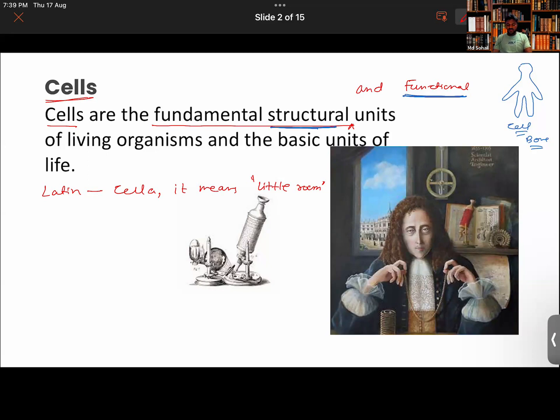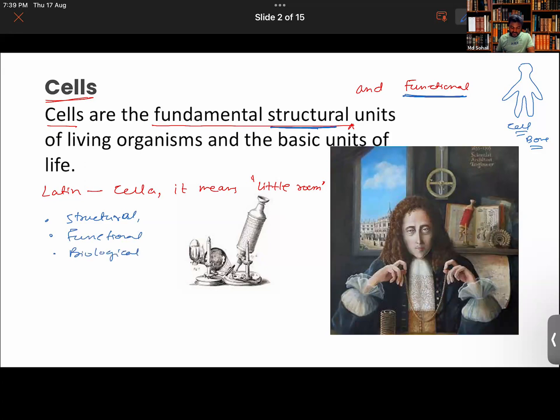Okay, now apart from structural and functional unit, we can also call the cell the biological unit, guys. So three things: structural, functional, and biological unit.